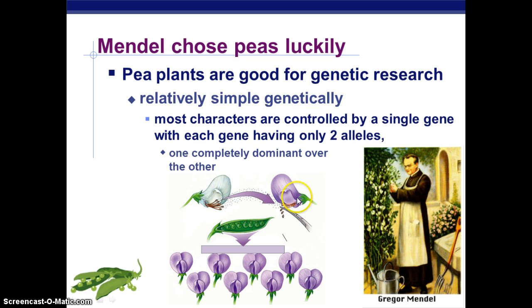You can either be white or you can be purple. Having only two versions of a certain gene makes it just easier to track, as opposed to having many versions, such as height, short, tall, medium, in between. Tracking traits that only had two possibilities made his studies easier.